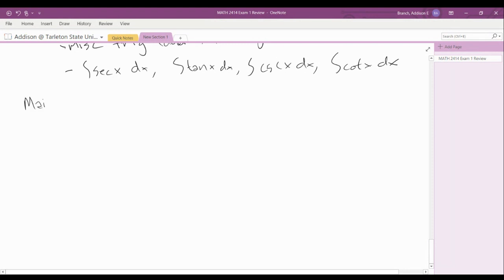So if we have an integral involving sine to some power, we're just going to say m, times cosine to some power n, there's a couple different ways that we can work with this one.